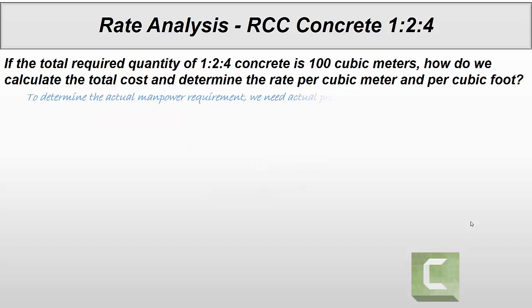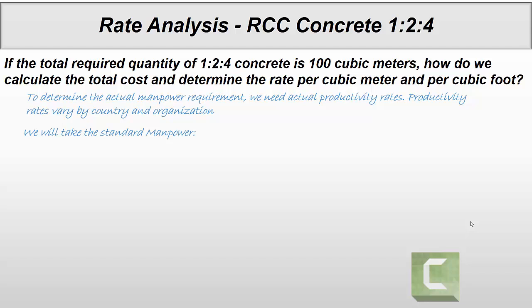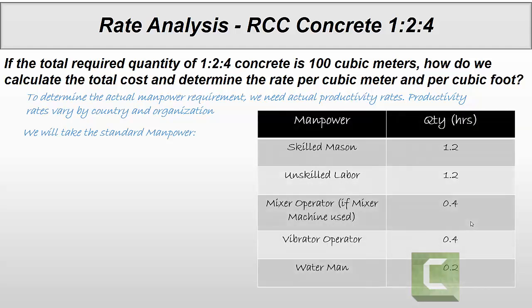After completing material requirement, we need to calculate manpower requirement. For computing actual manpower requirement, we need actual productivity rate of manpower. And you know, productivity rate varies by country and organization. So we will take the standard manpower norms. For 1 cubic meter, skilled mason 1.2 hours required and skilled labor 1.2 hours required.